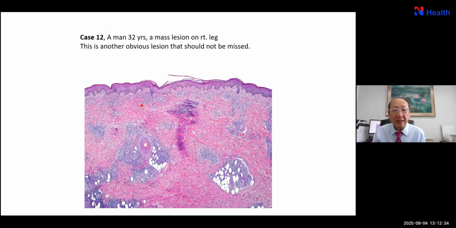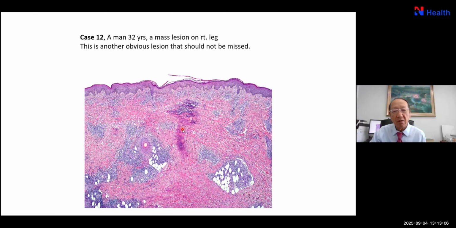This is another one that has a specific clue for diagnosis if you know what the clue is. A man, 32 years old, lesion on right leg. The lesion is obvious. What is obvious? Obvious is this one. The center of the lesion, the tissue of this area is damaged.